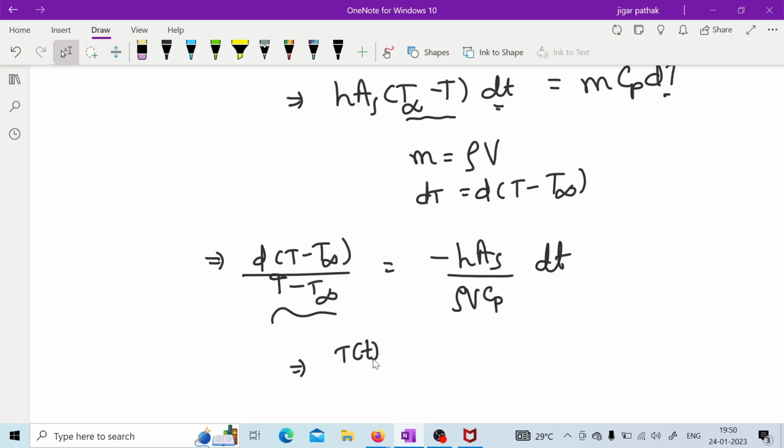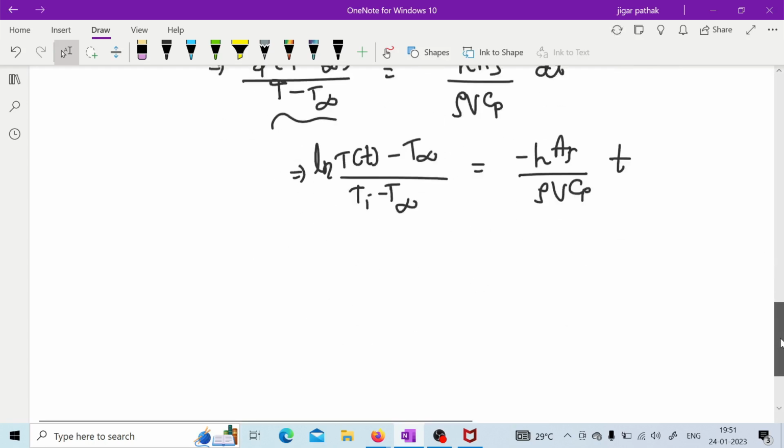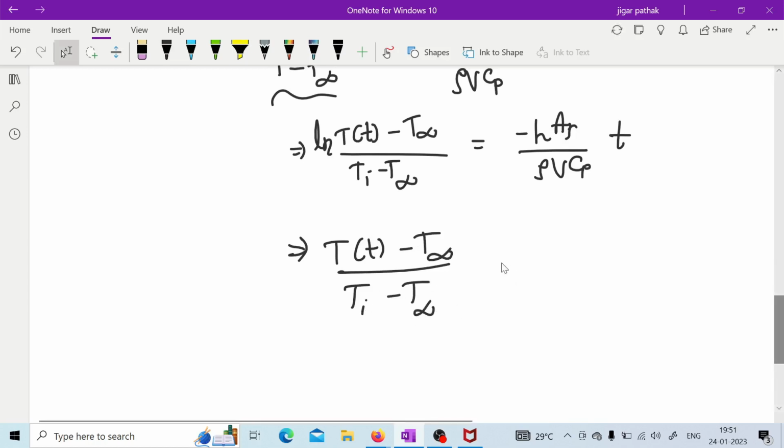If you integrate with those limits, you will have this relation. Now if you further simplify it and write it in terms of the temperature difference at a particular point of time, which you may be interested in, you can calculate it with this relation.